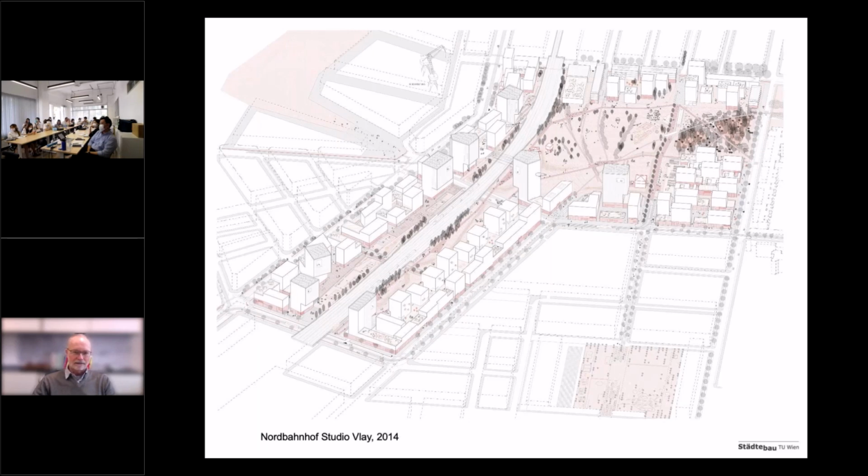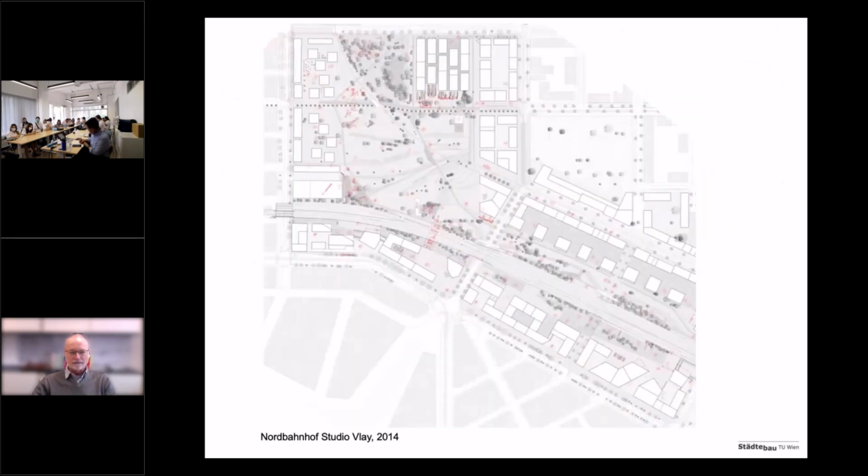The rail companies could give up a lot of train stations, and this land was bought by the city of Vienna to develop residential buildings and mixed-use developments under the aspect of subsidized housing.